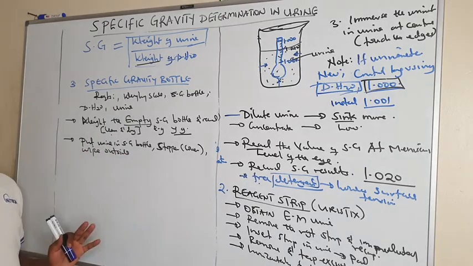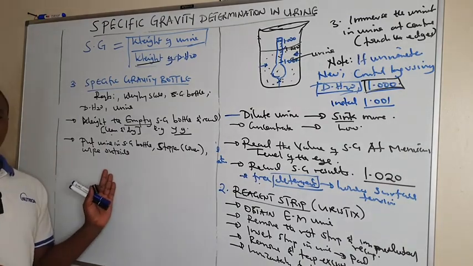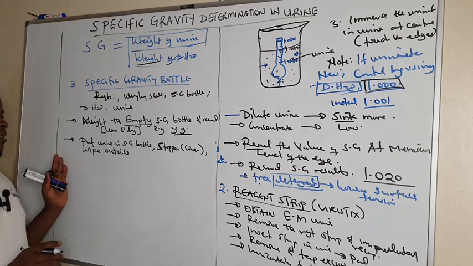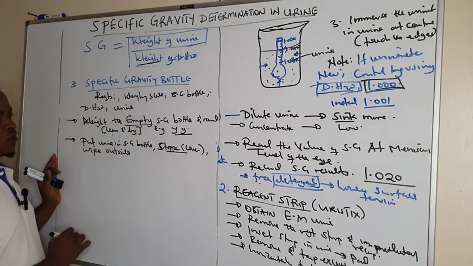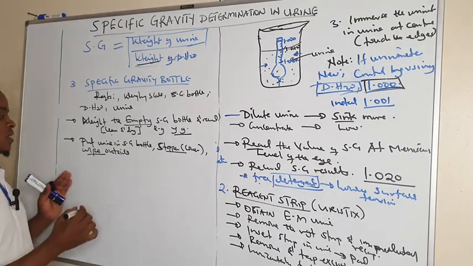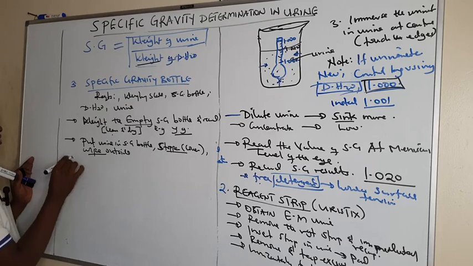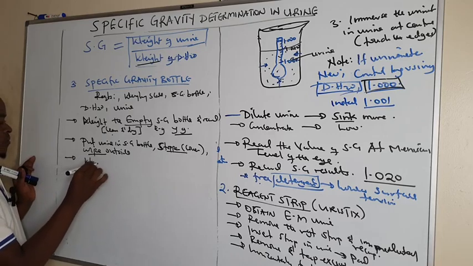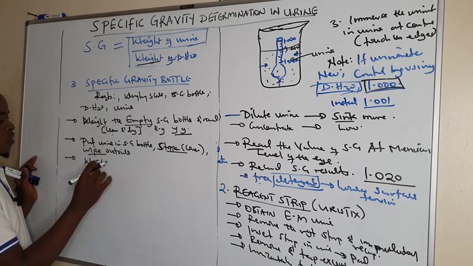In the case of spillage, you remove the spillage because it can contribute to the weight. Then you are going to measure the weight.